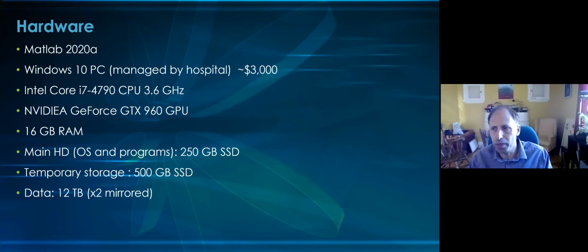And then for permanent data storage, we just use traditional spinner hard drives, which are a lot cheaper to buy. So we have two 12-terabyte hard drives, and they're mirrored. So if one of them croaks, hopefully we won't lose any data.